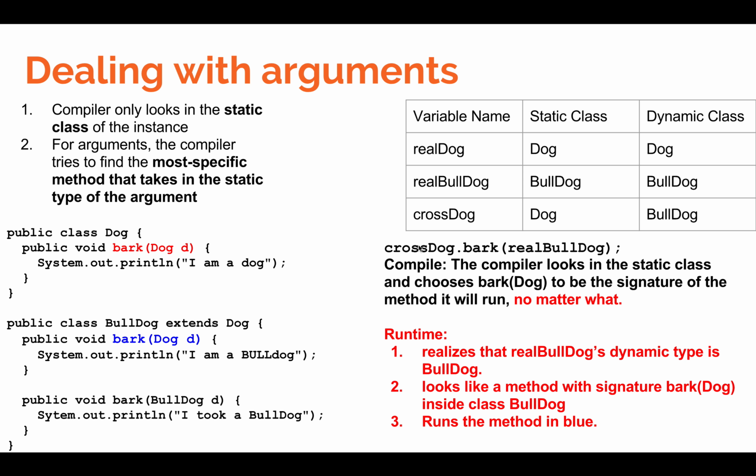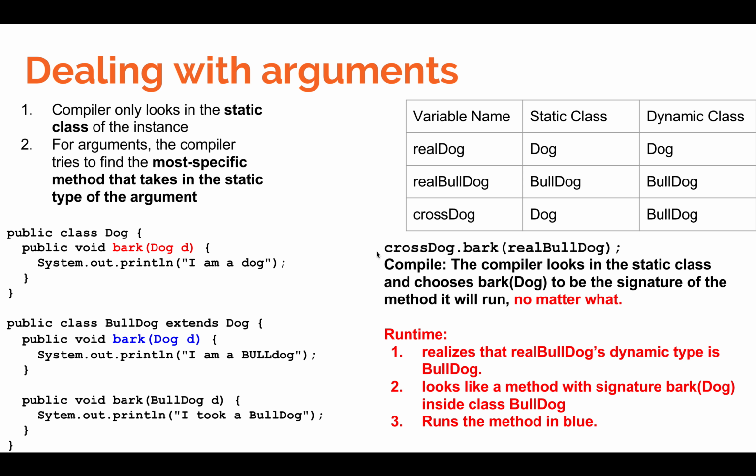Inside the dog class, I will look for a bark method that is able to take in real bulldog. Real bulldog's static type is bulldog. So I will try to look for something that has the form bark bulldog inside the dog class. I don't find it. I find something that looks like bark dog though. So I ask myself, does that work? Sure, it works. So this line compiles.